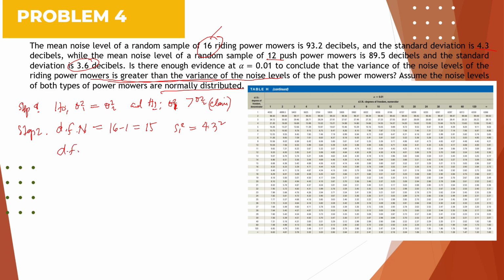Our DFD is 12 minus 1, that is 11, and our variance 2 is 3.6 squared.